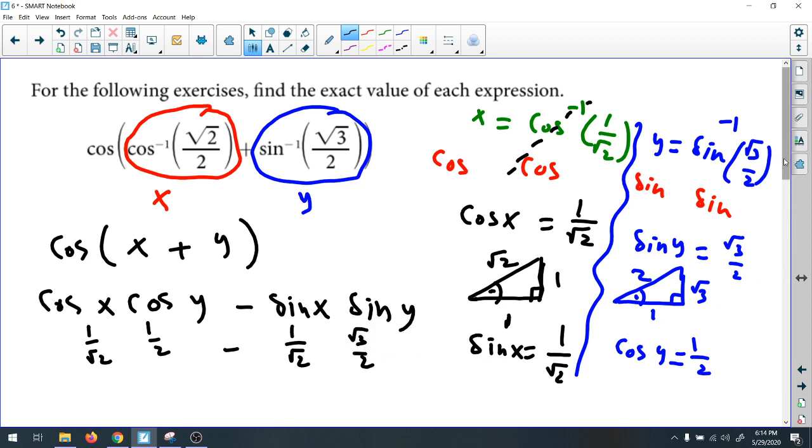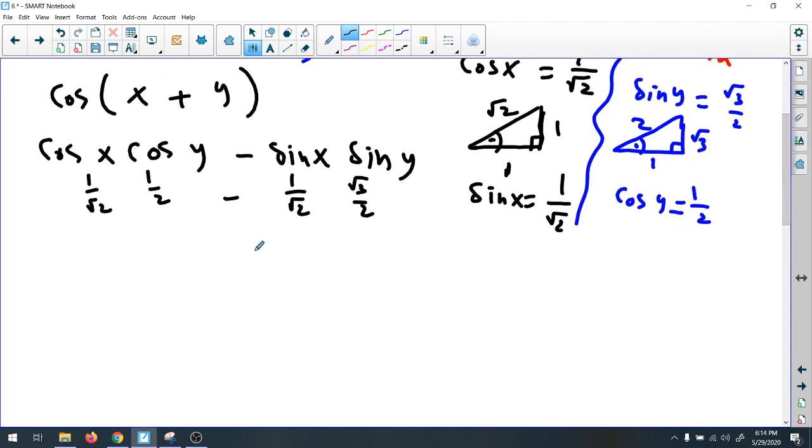I don't mind if you multiply it like that. I give credit to all students who just multiply and then simplify.